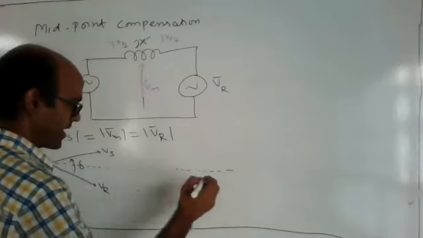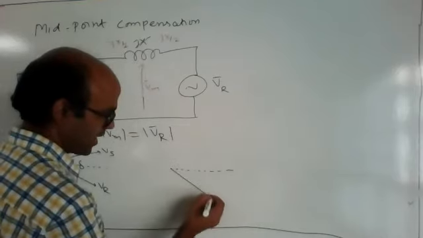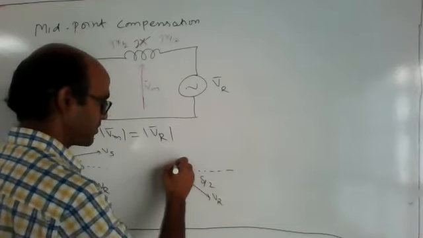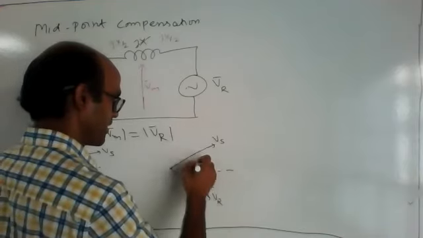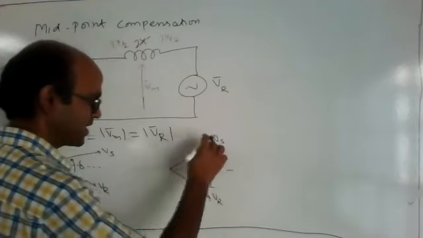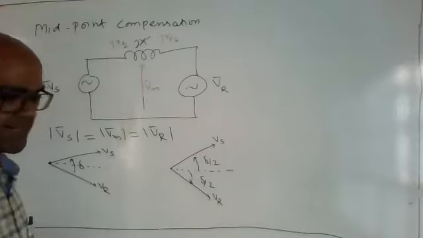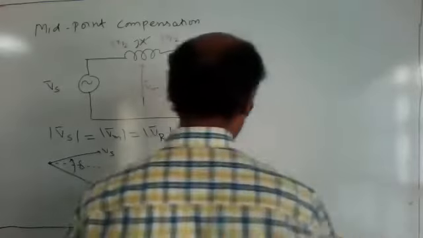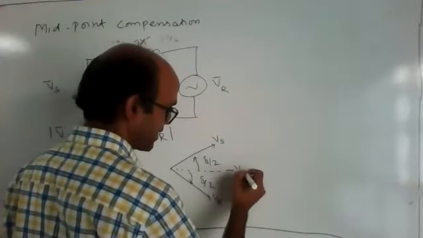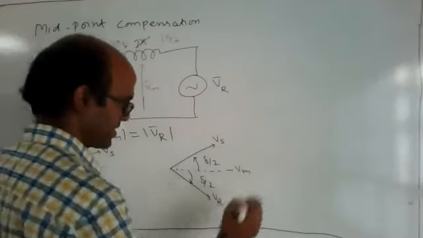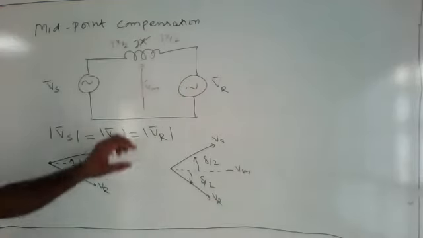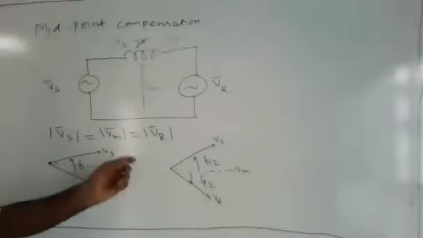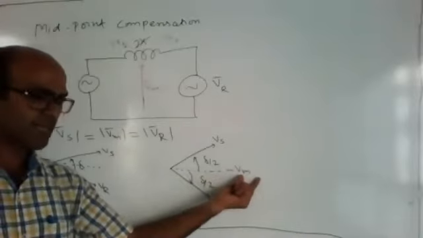So this is the reference axis and Vr lags by delta by 2 and Vs also leads by delta by 2. So you can see the angle between Vs and Vr is the same, delta, right? And I am placing Vm such that I take Vm as a reference, so I place it in the center. That's why I am assuming the center value at angle 0.